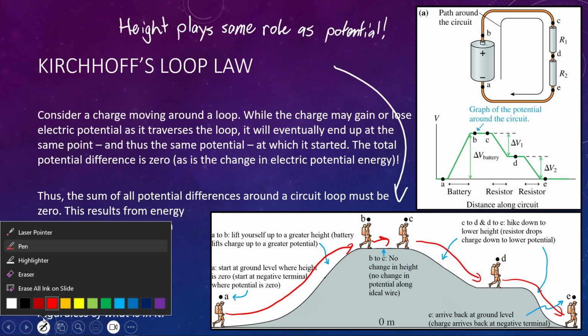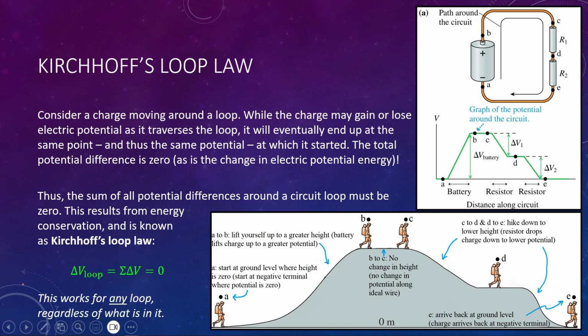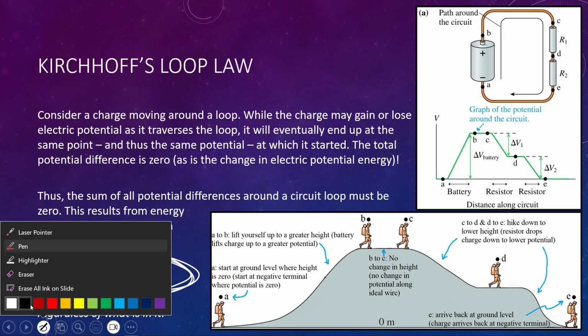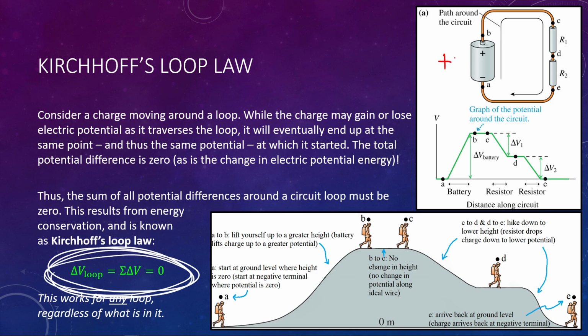Okay, well, I have one more thing to introduce to you before we do an example. This loop law is very useful, but in order to get to 0, we have to have pluses and minuses, right? Because maybe the battery gives us a positive 9 volts, then these guys have to subtract us by a total of 9 volts. So we need to make sure we understand when to apply positive signs and when to apply negative signs.